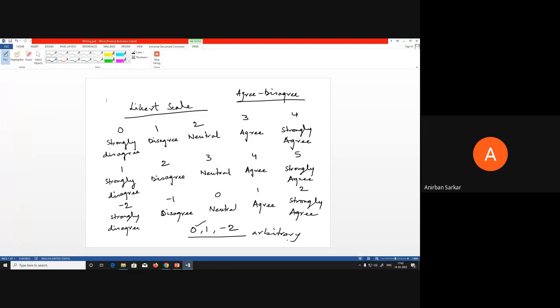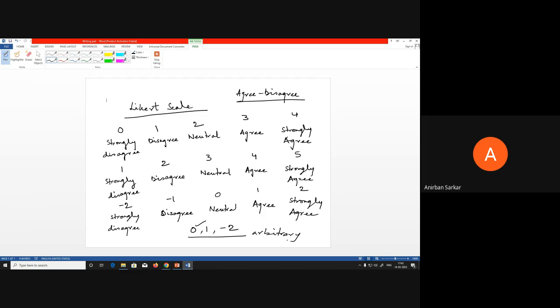So you know that the statistical analysis we use depends on what scale we are using. In case of nominal data, we can use certain statistical analysis. For ordinal data, we can use certain statistical analysis. For interval data, we use certain other statistical analysis. For ratio scale data, we use certain other statistical analysis.